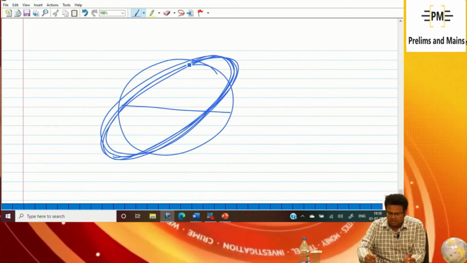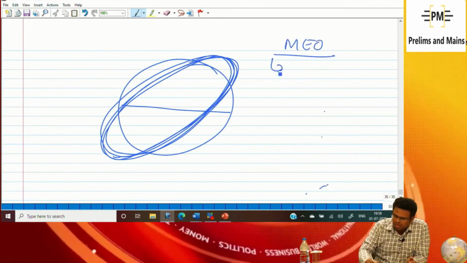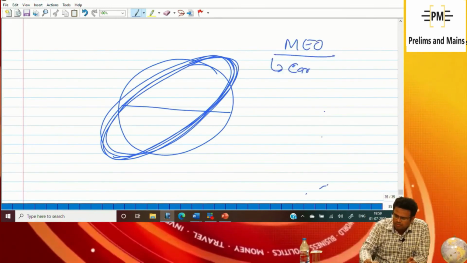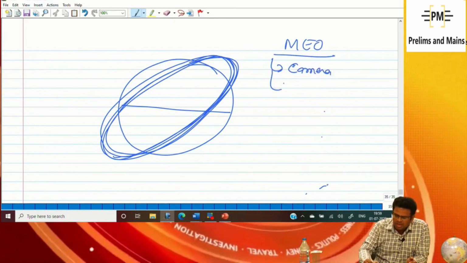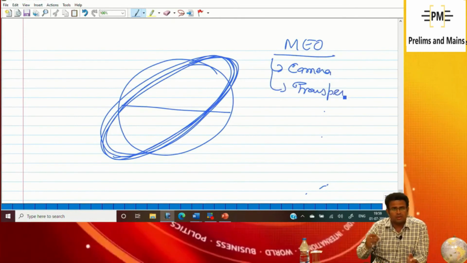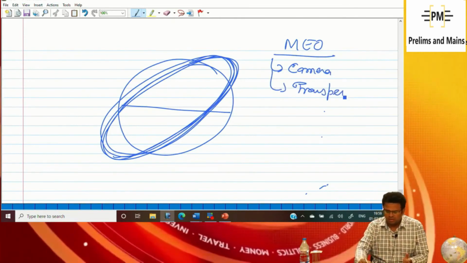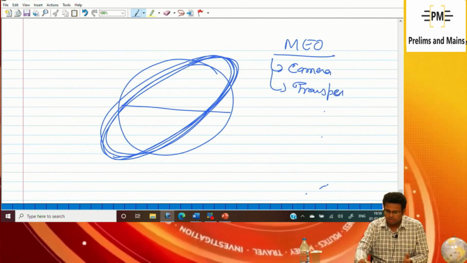In the MEO, medium earth orbit, a camera can be better, and a transponder can also be fitted, as I have talked about earlier.